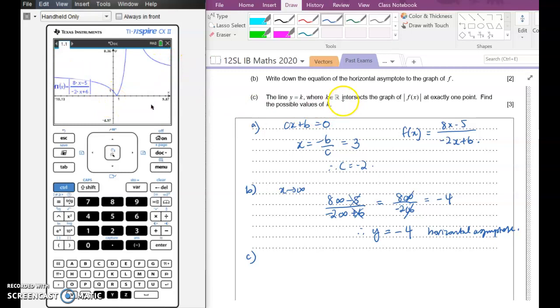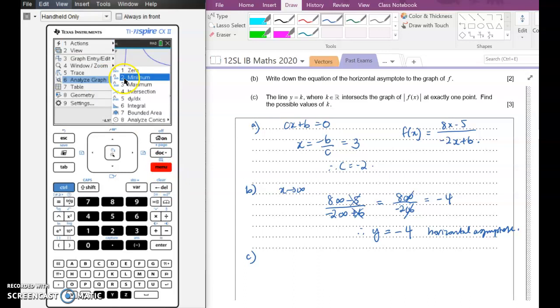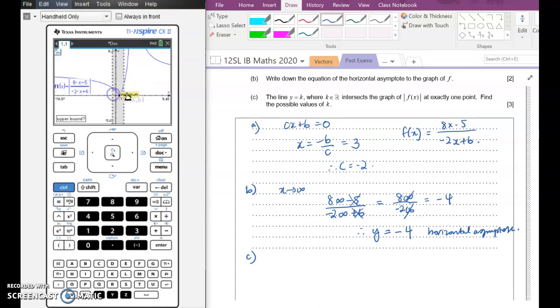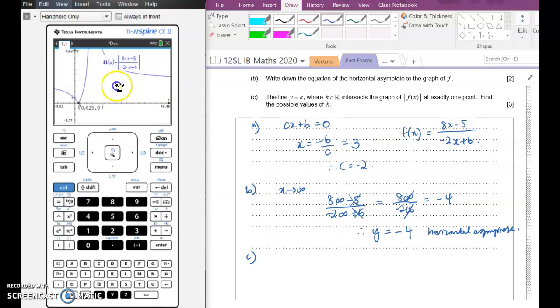So the only points where y equals k, which is a horizontal line, intersects your graph once would be at this point down here, which if you analyze it will be the minimum. Yep, and that occurs at y equals 0. And the other one would be where this line approaches the asymptote.